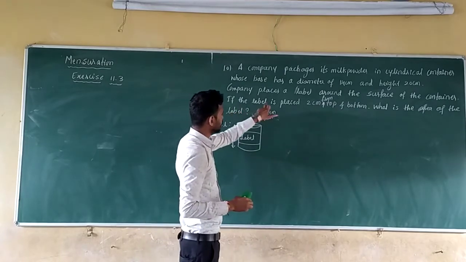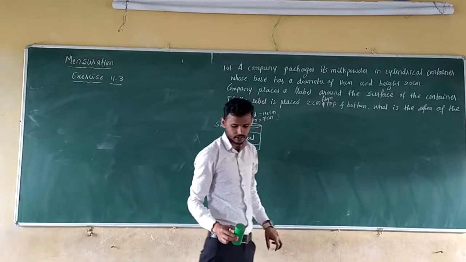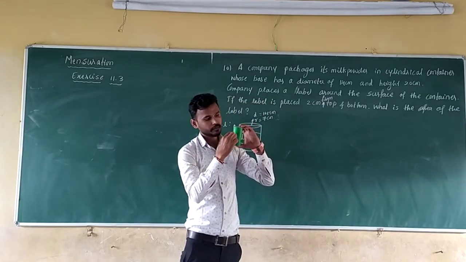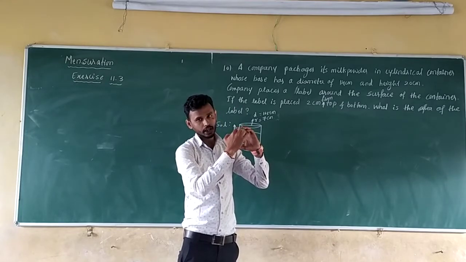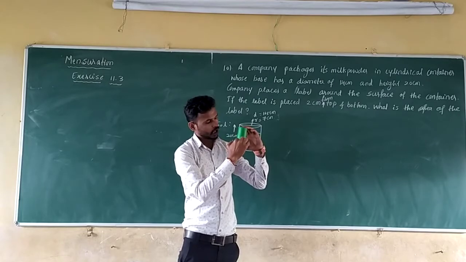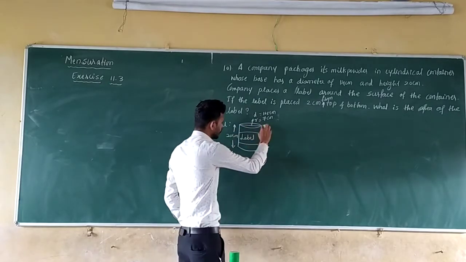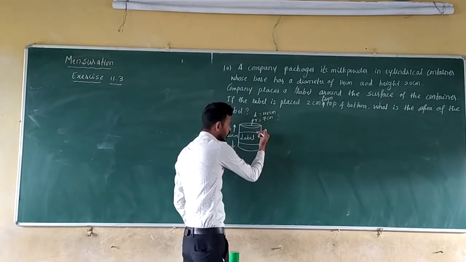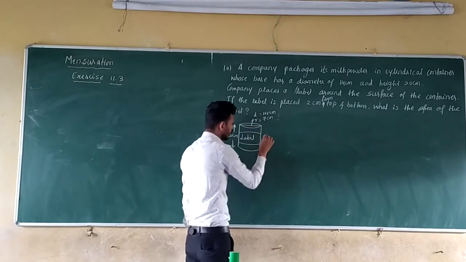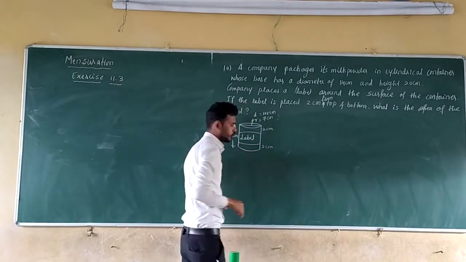If the label is placed 2 centimeter from the top and bottom, that means the label will be stuck 2 centimeter below the top and 2 centimeter above the bottom. So this is 2 centimeter and this is also 2 centimeter.